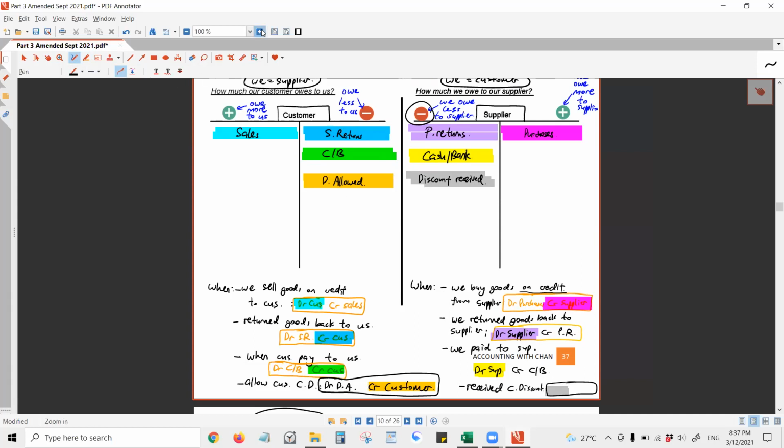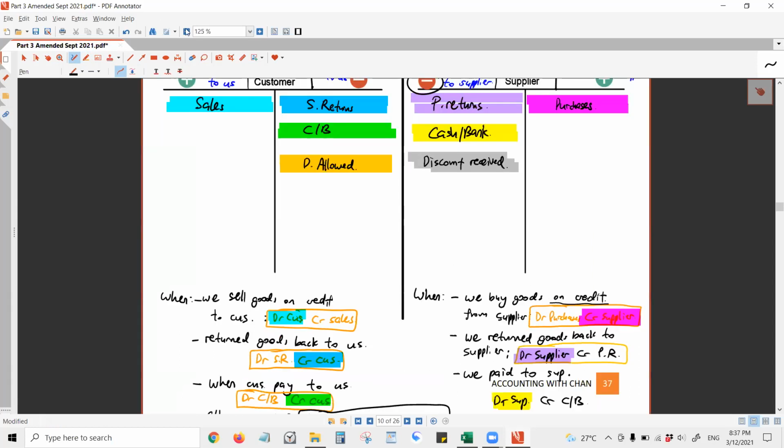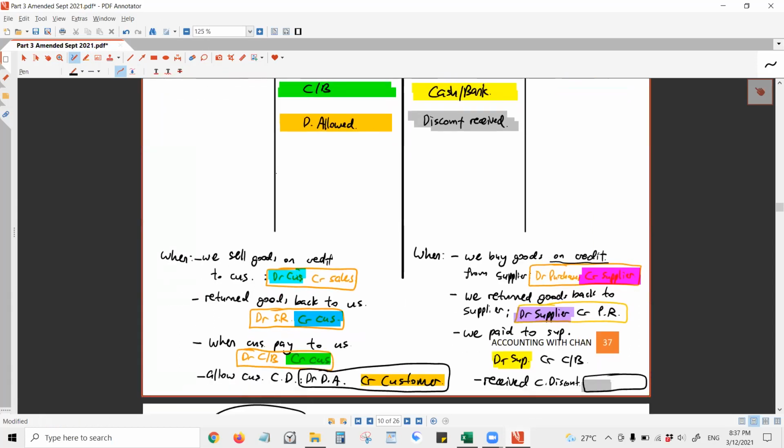I have to zoom in a bit. At the bottom right corner, when you receive cash discount from the supplier, you debit supplier account, then you credit discount received account.